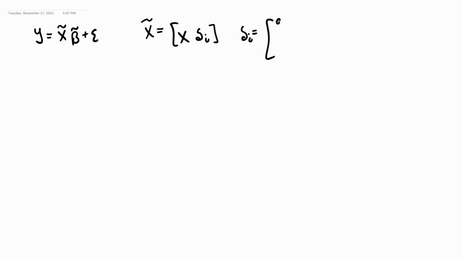Let's consider a different kind of residual. So consider the model y equal to X tilde beta tilde plus epsilon, where X tilde is equal to my traditional design matrix X, and then a vector delta_i. Delta_i is a bunch of zeros and a 1 only in the ith position.